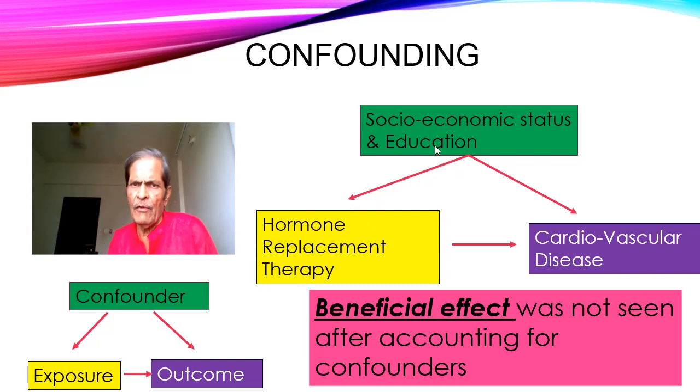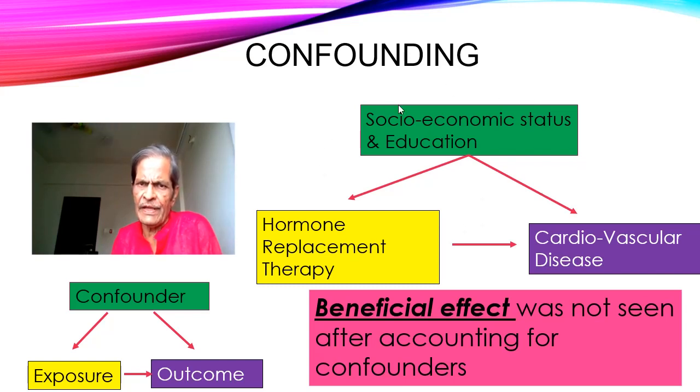The people with better education and higher socioeconomic status only will take hormone replacement therapy because it is comparatively costly. So there is an association between socioeconomic status and education and the therapy. There is also an association between cardiovascular disease and socioeconomic status. Therefore, socioeconomic status and education comply with the conditions required for a confounding factor.